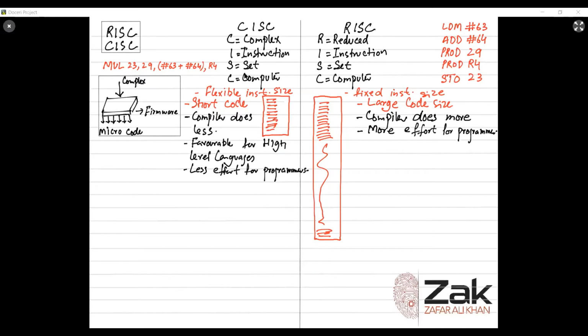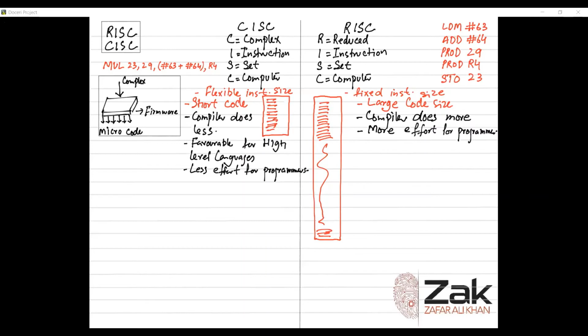But in CISC, that limitation is lifted. Now you can write the instruction as big as required, as complex as required. The size is flexible. Why is it flexible? Because the processor will break it down to the word size.